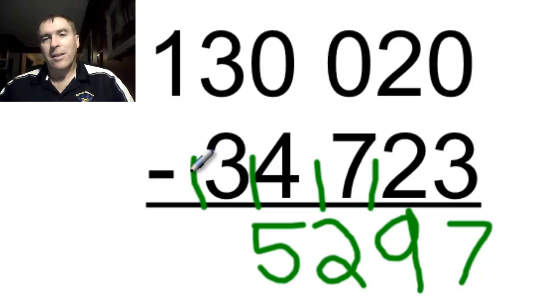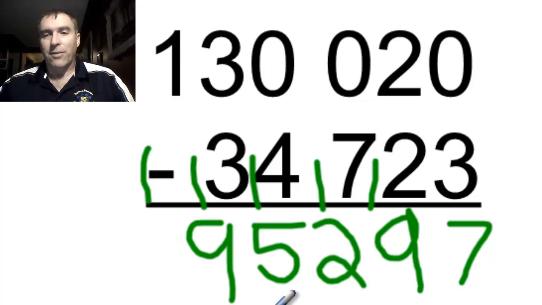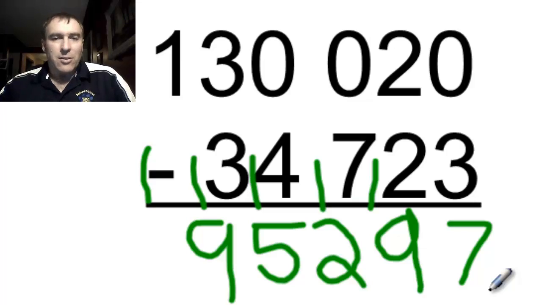Now you can either say 4 plus what equals 13, and that's probably the best way to do it, or you could say you've got 4 into 3, so you would have to add 1 here, and then this now becomes 13, so then 4 into 13 gives you 9. And if you did it that way, then you've got 1 plus 0 equals 1, so that's where we end off. We've got 95,297.